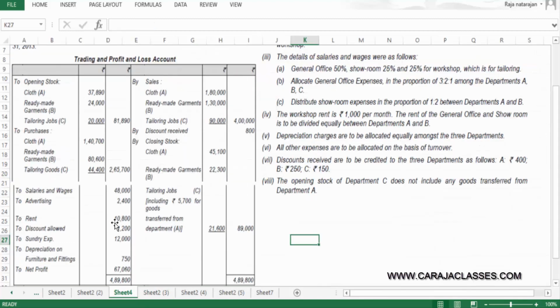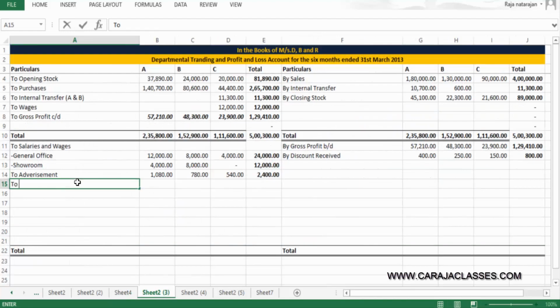Then we have rent. Just see whether square feet details are available. You can do it that way, otherwise you have to do it on the basis of turnover. But here if you look at it, the workshop rent is 1000 per month, and the workshop is attributed to the department of tailoring, which is department C. The rent of general office and showroom is to be divided equally between the departments A and B. So I'm going to say to rent, and we are doing it for the period of 6 months. So workshop rent, that is department C, is 1000 multiplied by 6 months, it is 6000.